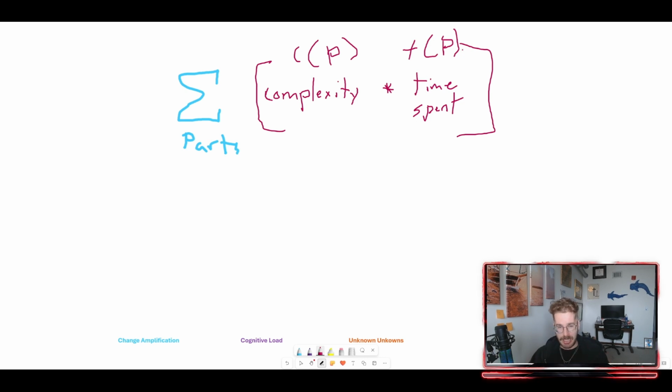So complexity times the time, which means that if I have a super complex system, but I only have to look at it once a year, maybe I'm okay. If I have 10 parts of my system and one is super complicated, but I only look at it once every rotation around the sun, I'm probably pretty good.